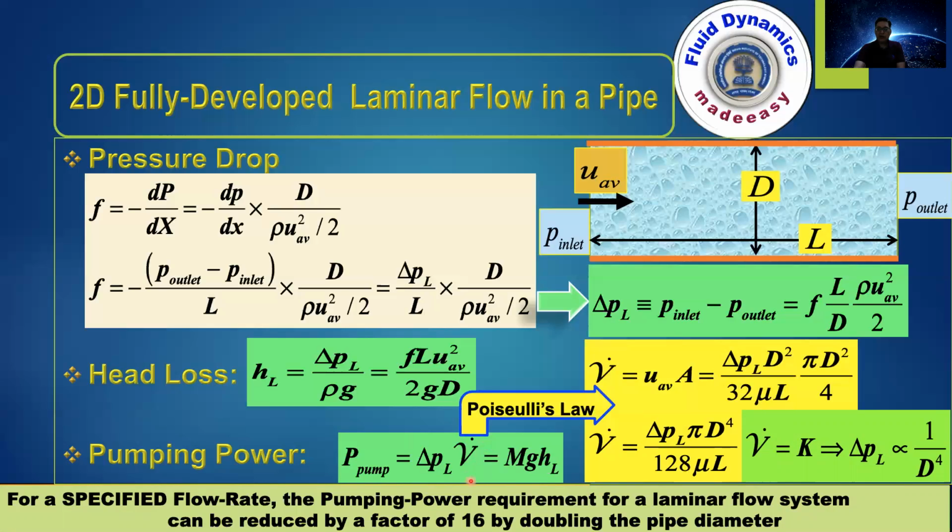So you can reduce the pumping power by a factor of 16. For a specified flow rate, the pumping power requirement for a laminar flow system can be reduced by a factor of 16 by doubling the pipe diameter.